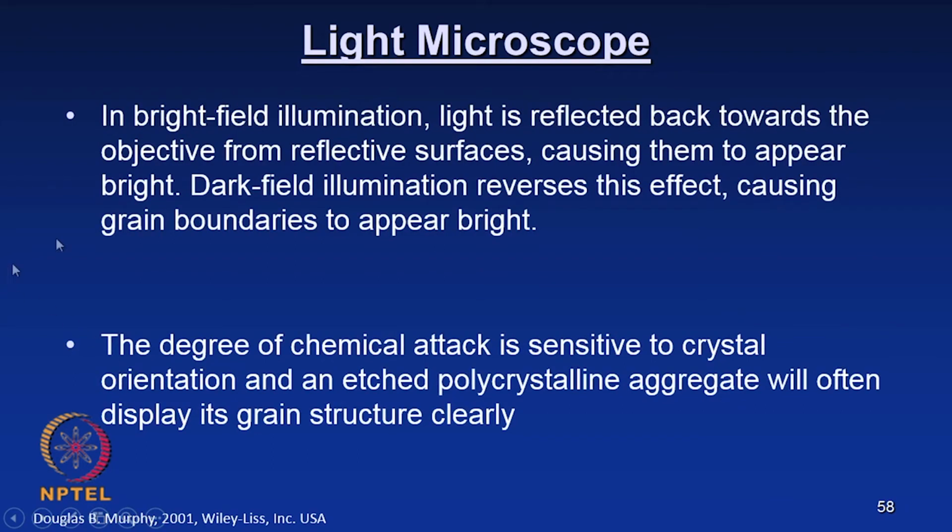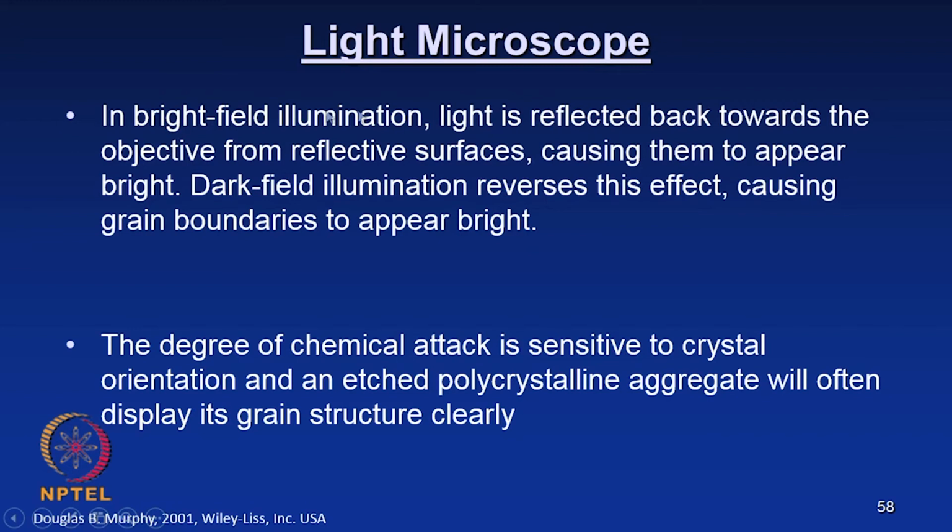So, we have something called bright field illumination. Light is reflected back towards the objective from the reflective surfaces, causing them to appear bright. And then you also have dark field illumination, which reverses this effect and causes the grain boundaries to appear bright.